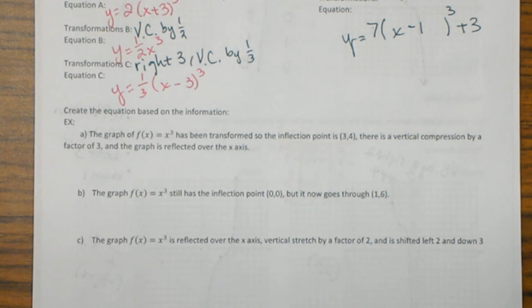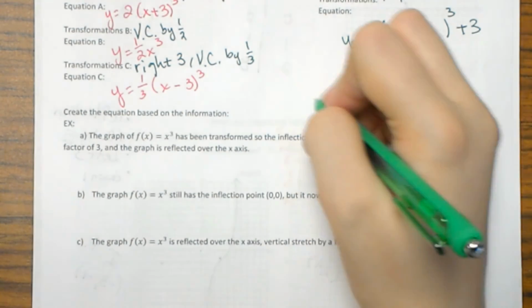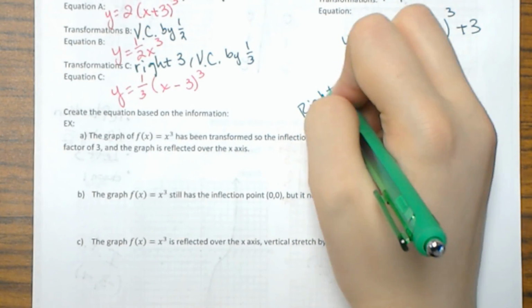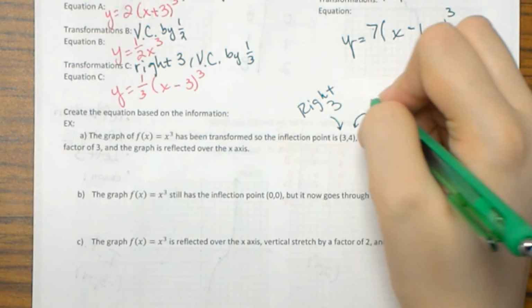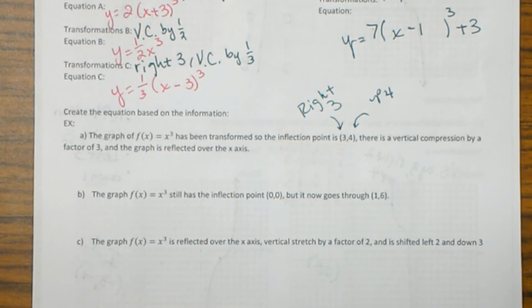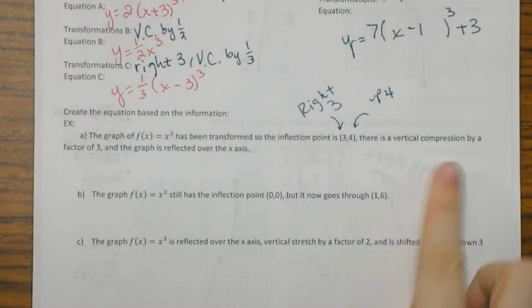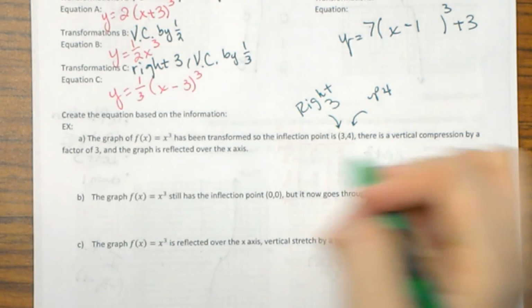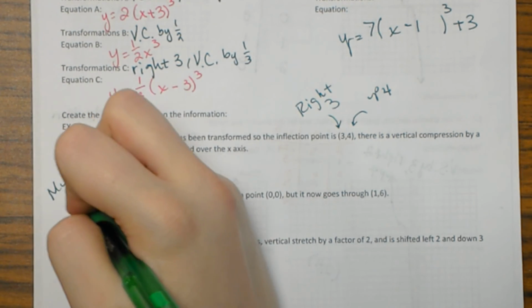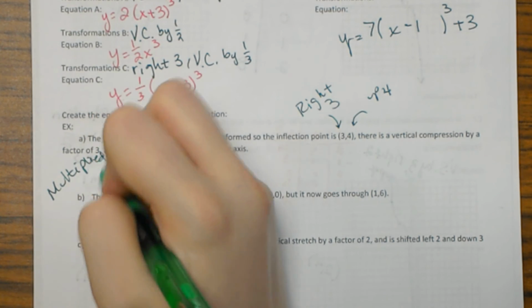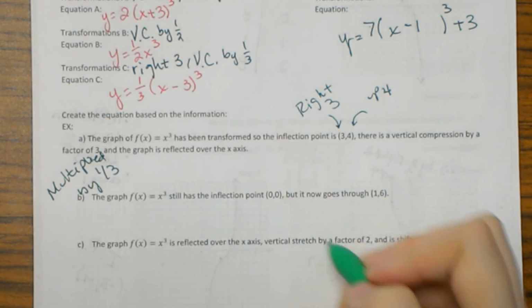And the last 3, create an equation based on the information. So the inflection point being at 3, 4 means I would have gone right 3 and up 4 from the origin. And there was a vertical compression by a factor of 3, which means I multiplied by 1/3.